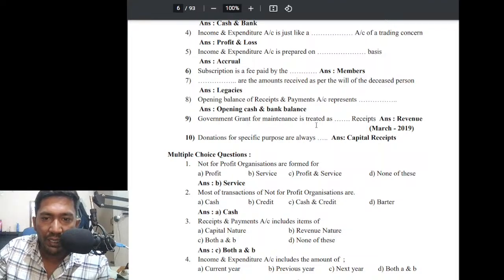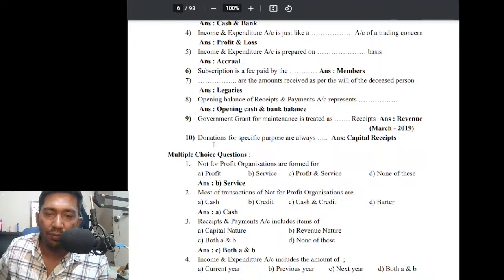Government grants for maintenance are treated as revenue. It is not a capital receipt, it's a revenue receipt. Remember these two questions they have asked: the meaning of legacies, and that government grant for maintenance is treated as a revenue receipt. Then the next we have is: donation for a specific purpose is always a capital receipt.